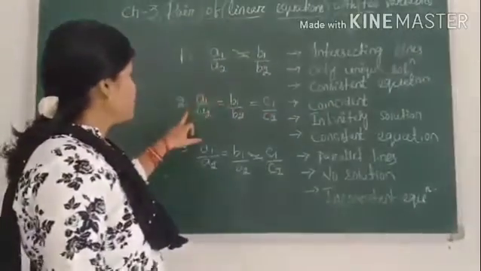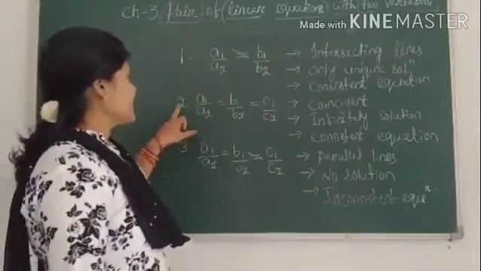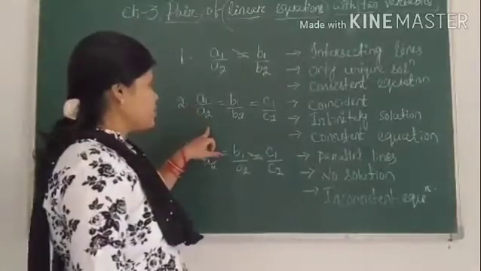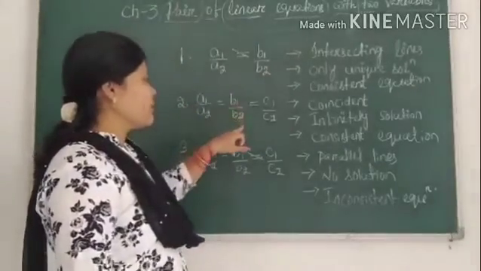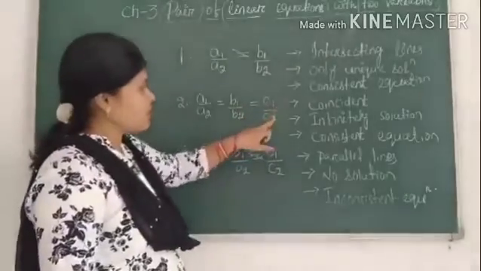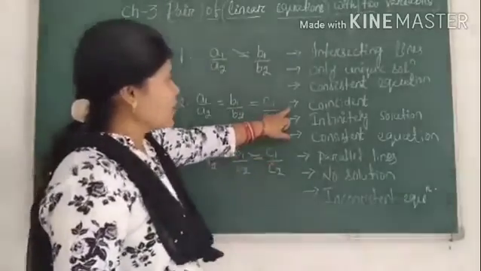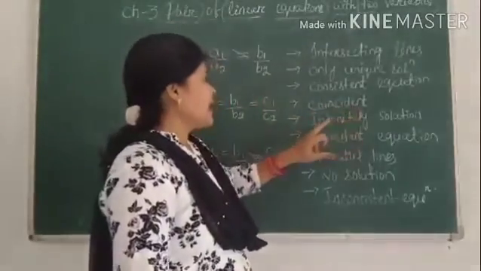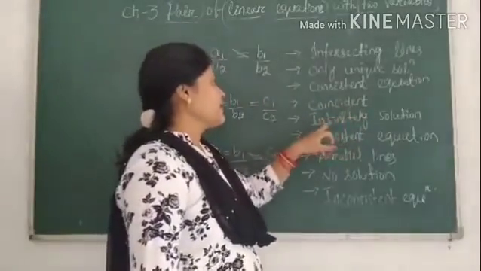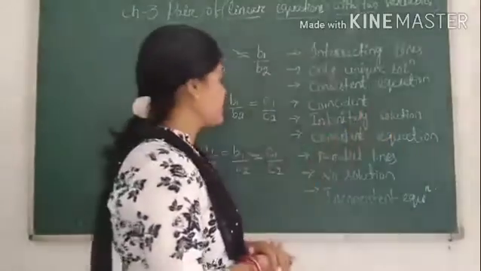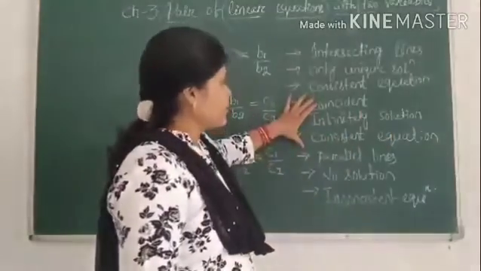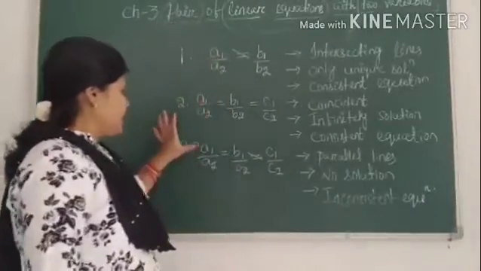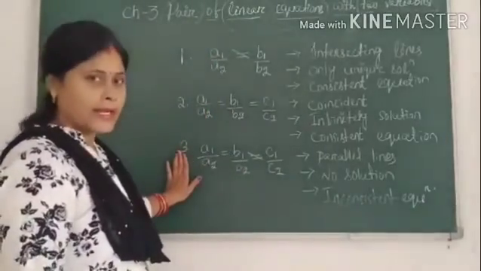Then come to your second condition. The second condition is A1 by A2 should be equal to B1 by B2, should be equal to C1 by C2, and we observe these are coincident lines, and coincident lines mean infinitely many solutions are possible, and this type of equation is known as a consistent equation. Then come to our third condition.